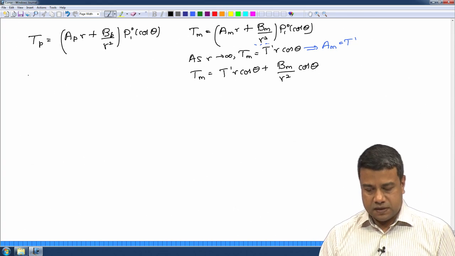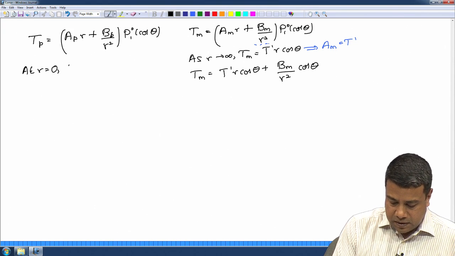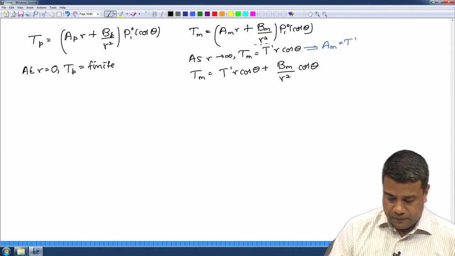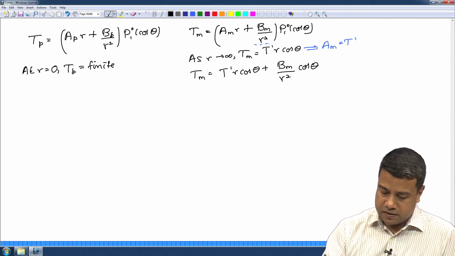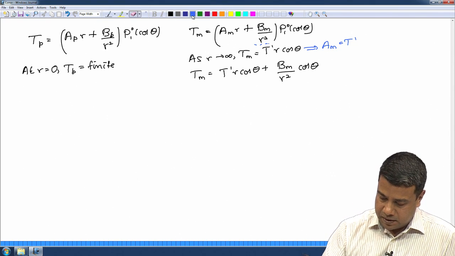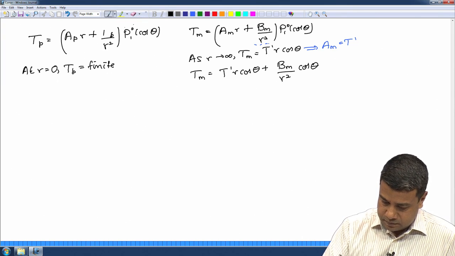As far as the particle is concerned, you require that at r equal to 0, the temperature has to be finite, which means that this coefficient B p has to be equal to 0.